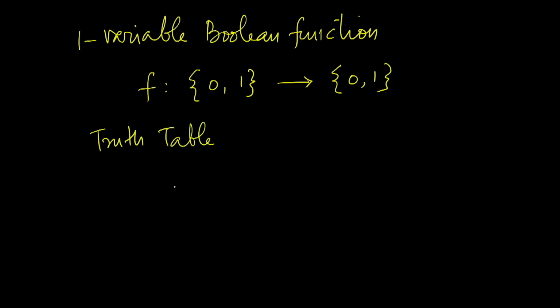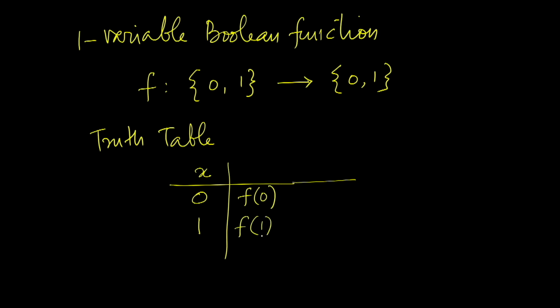In a truth table, we list the inputs. So, in this case there is only one input, and specify the possible outputs. So, input here could be either 0 or 1. If the input is 0, what would the output be? If the input is 1, what is going to be the output? Once you specify these, we have the truth table for function f.